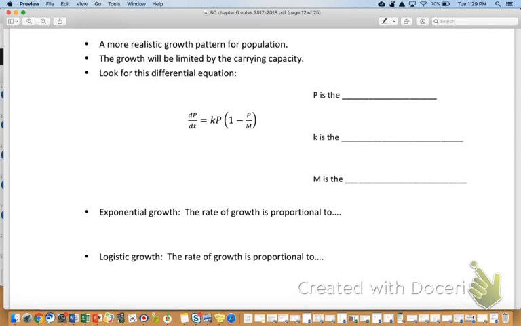Until they start starving, or the eagles figure out where they are, the hawks start swooping in and getting them, right? Or maybe it's just sickness, disease, or lack of food. Who knows? So logistic growth is a more realistic, in fact, very realistic pattern of growth for populations. The growth is limited by what we call the carrying capacity.